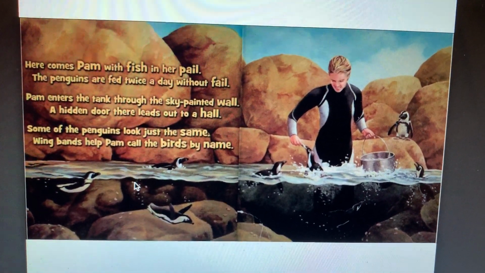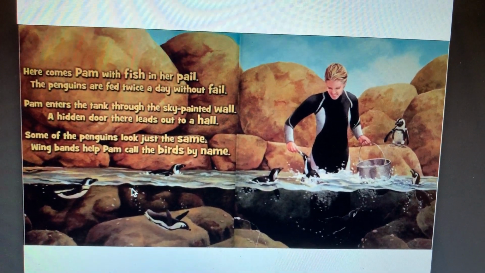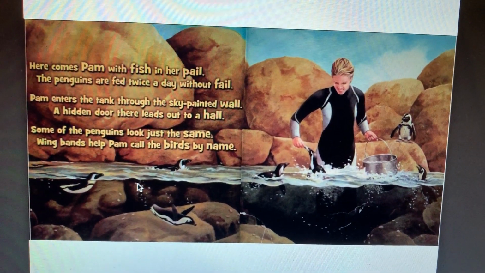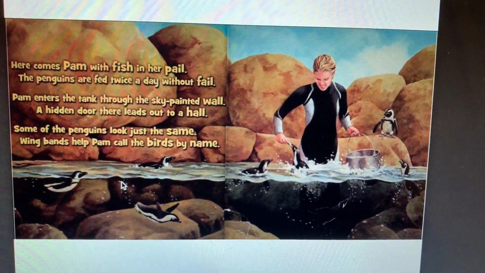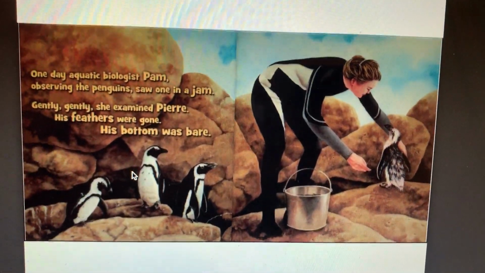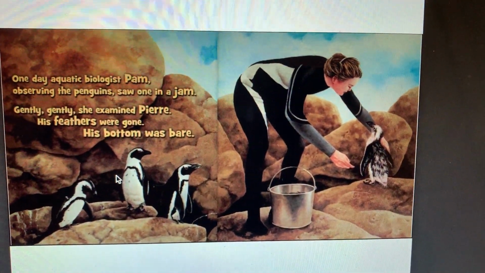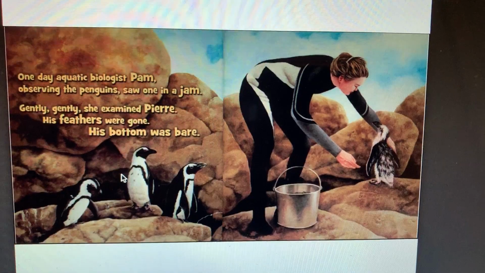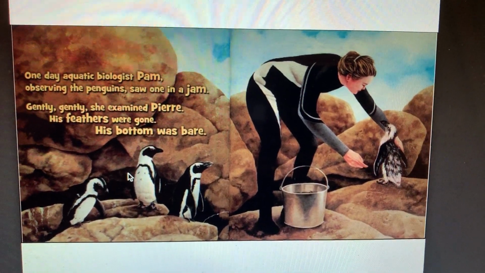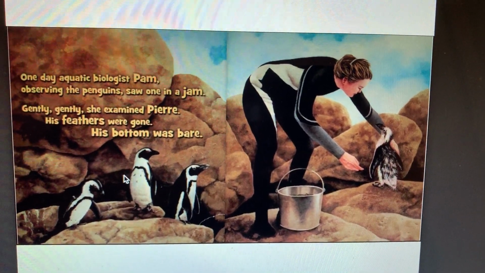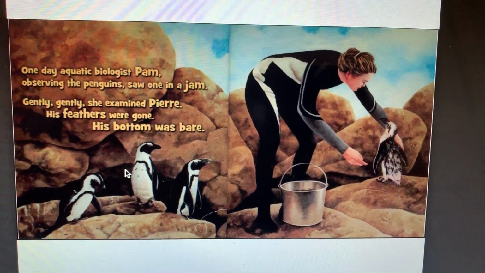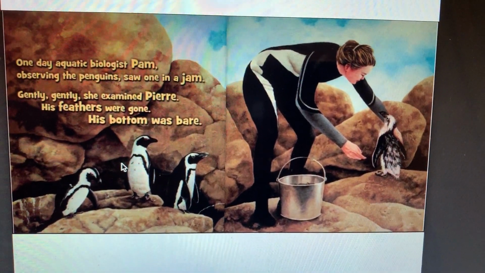Some of the penguins look just the same. Wing bands help Pam call birds by name. One day, aquatic biologist Pam, observing the penguins, saw one in a jam. Gently, gently, she examined Pierre. His feathers were gone. His bottom was bare.